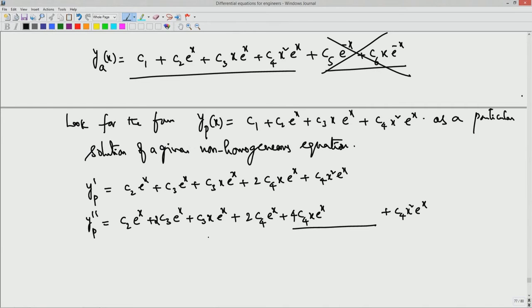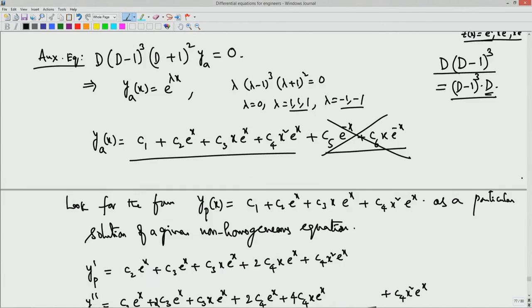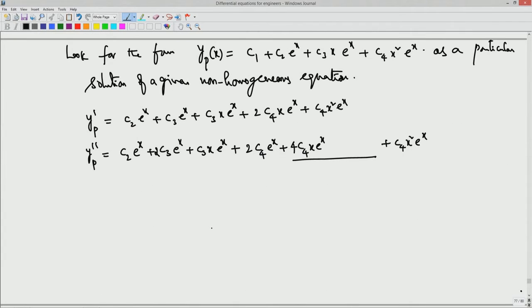This you substitute into the equation D square plus 2D plus 1. So, D square is yp double dash. Let me write it: C2 e power x plus 2 C3 e power x plus C3 x e power x plus 2 C4 e power x plus 4 C4 x e power x plus C4 x square e power x.